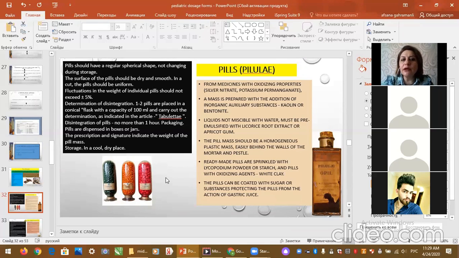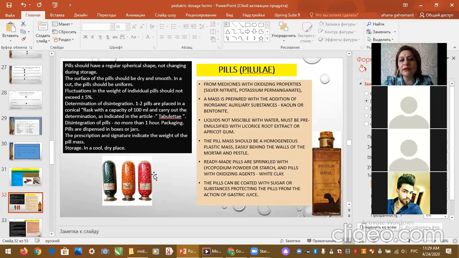Pills should have a regular spherical shape, not changing during storage. The surface of the pills should be dry and smooth. In a cut, the pills should be uniform. Fluctuations in the weight of individual pills should not exceed plus or minus 5%.